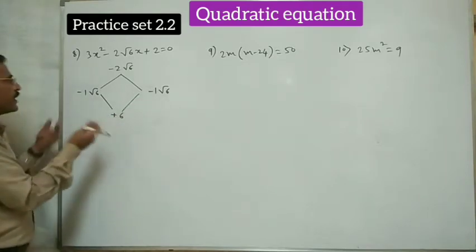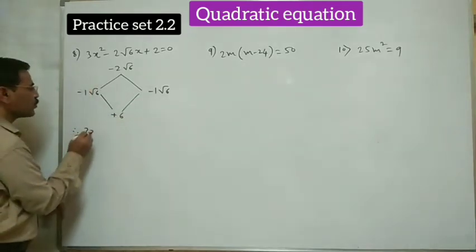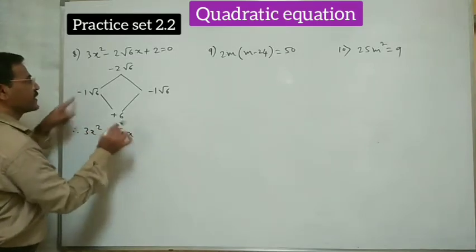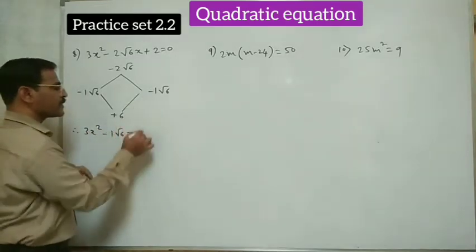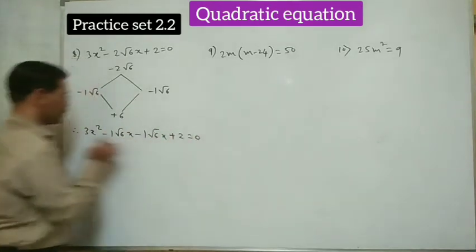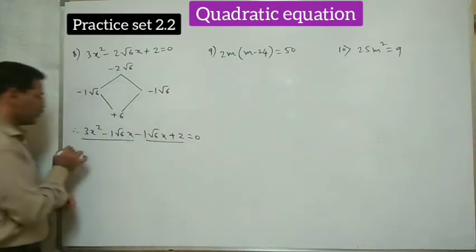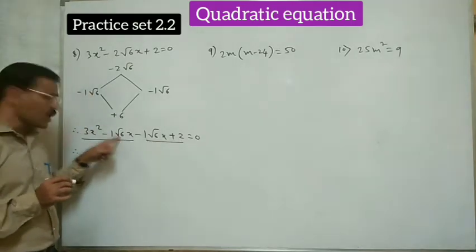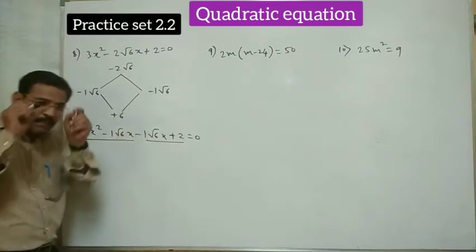Okay? Now here, it is the two roots. So 3x² − 1√6x, again minus 1√6x, + 2 = 0. Take common from these two. Yes, look here, one more. 3 and √6 means what? In 3 and √6, something is common.